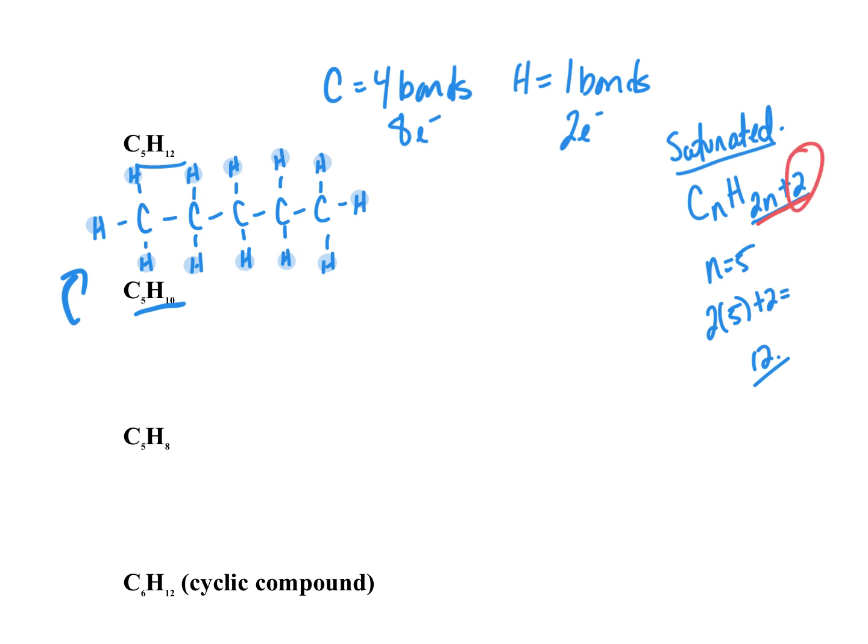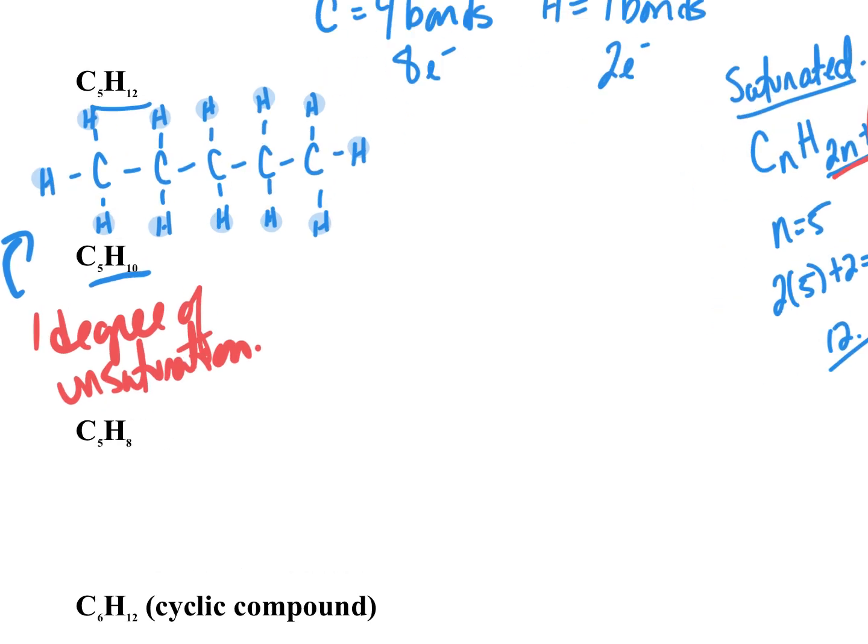So this plus 2 is gone now. What that translates to is something that we call 1 degree of unsaturation. Again, you don't need to know that in order to put together a formula or a structure, but sometimes it's a little bit easier to do that, okay?